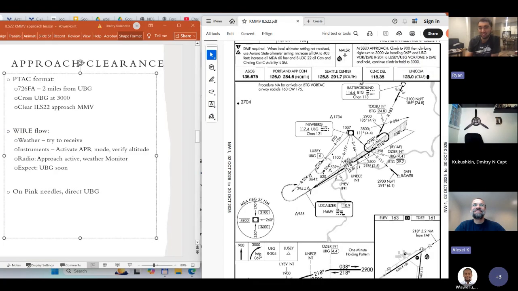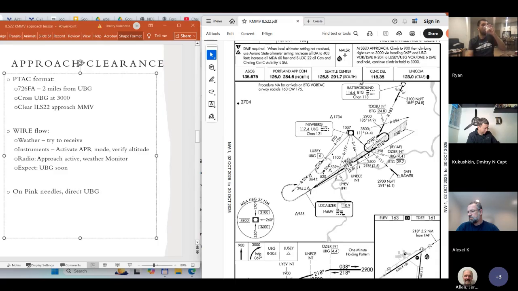Another option could be hold. Is that an option, or would there be a definite defined path in this case? Uh, 218. That'd be runway heading, wouldn't it?